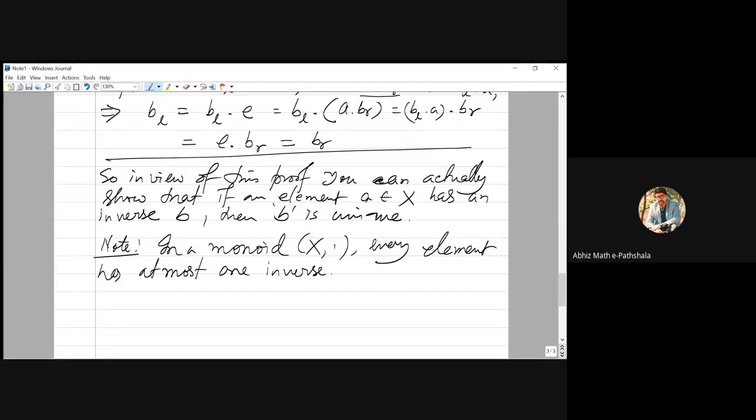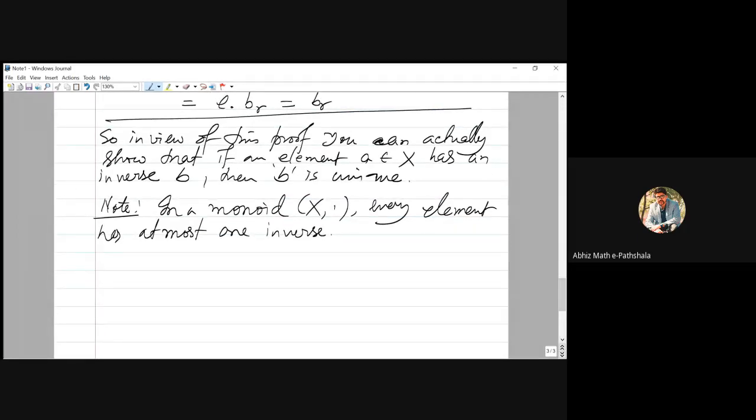So I just want to give you an exercise. Just do it. Consider the power set of X, and consider the symmetric difference operation. This is an algebraic system, as we have seen earlier.